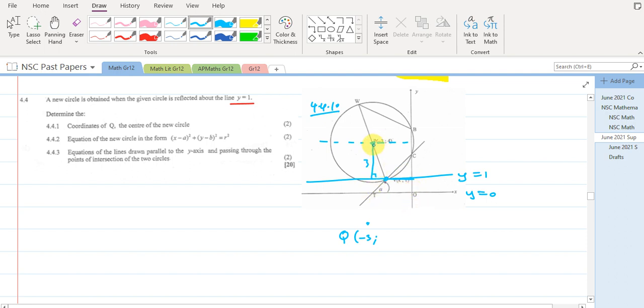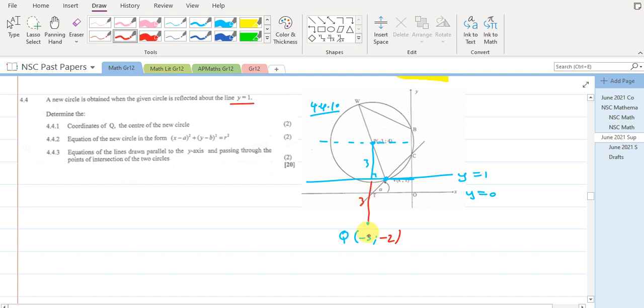The distance between the line y is equal to 1 and the y value here is 3. So the distance between these two should also be 3. Yeah, exactly. The distance between here and there should be 3. So this point becomes minus 2.